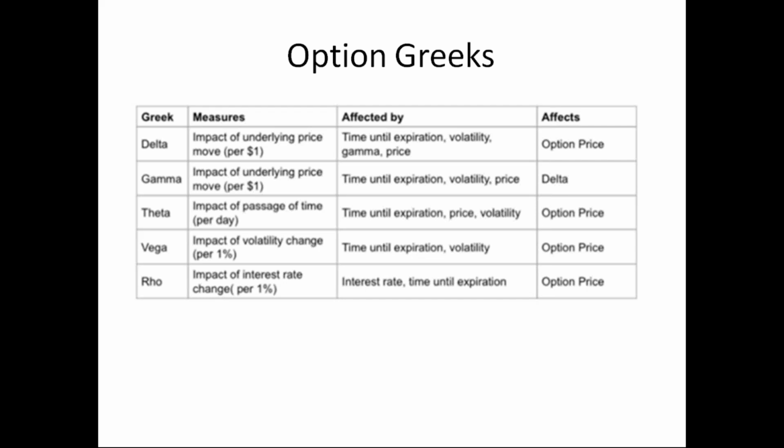So first, delta. Delta deals with the change in option price for the change in the underlying. When you're buying an option, you are not actually buying the underlying. You are just buying an option to purchase the underlying at a future date. So it's an optionality. It's not a real underlying holding that you have.